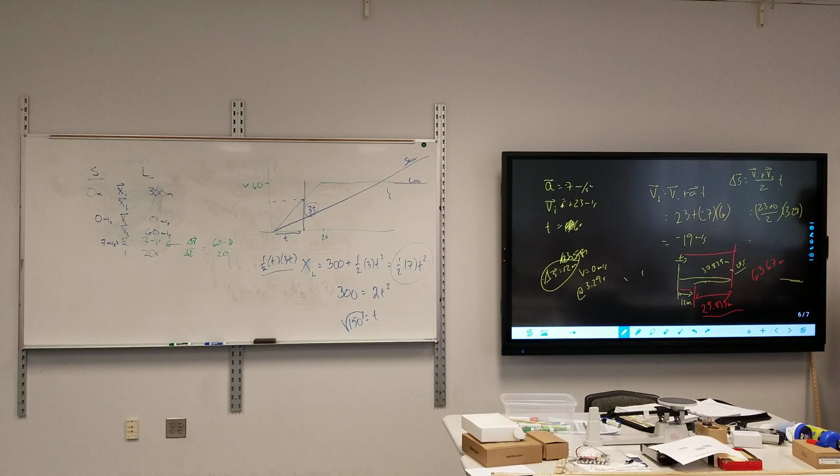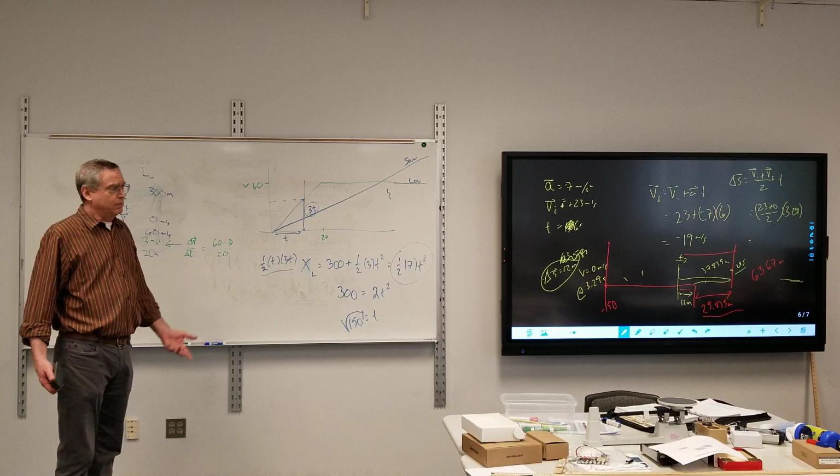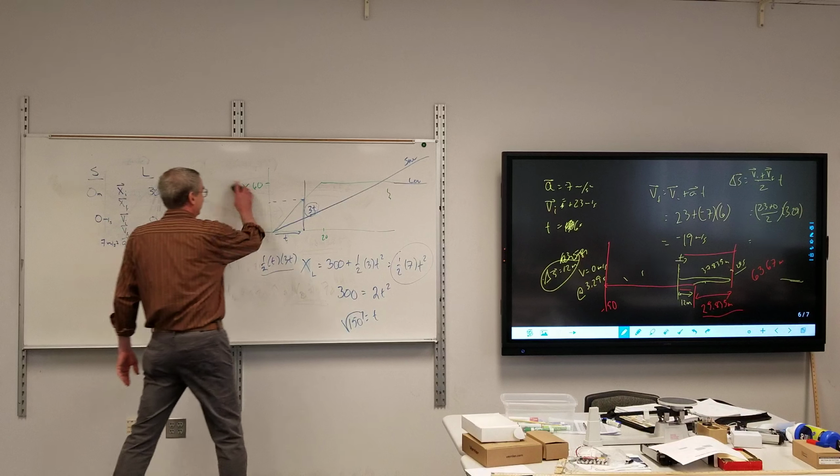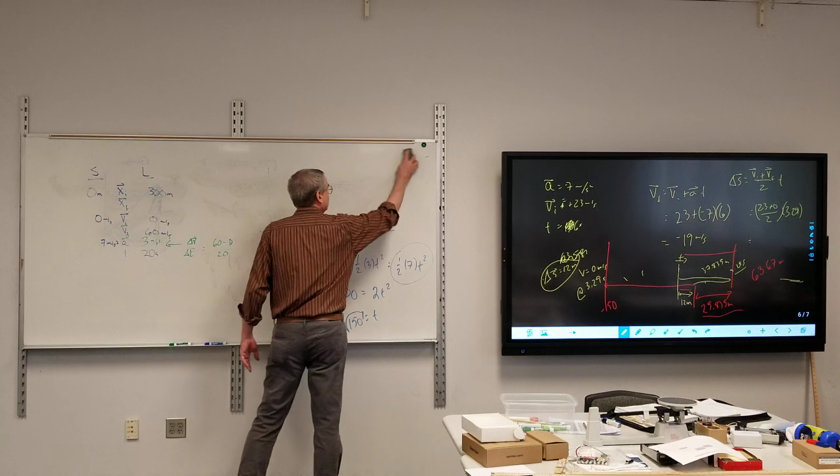I don't know what the final velocity is anymore, but I still know the initial velocity, I know the displacement, I know acceleration. I know three things, and I'm trying to find time. I'm going to use the classic delta S equals VIT plus 1/2 AT squared.